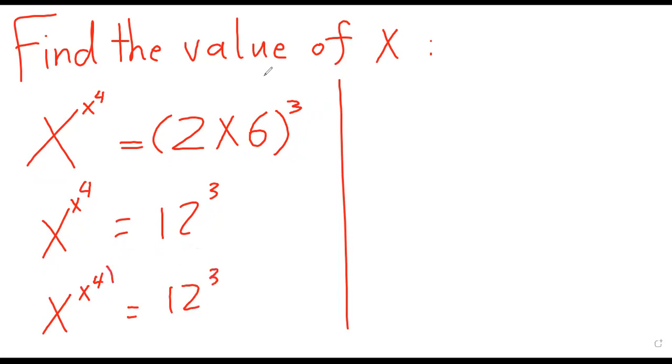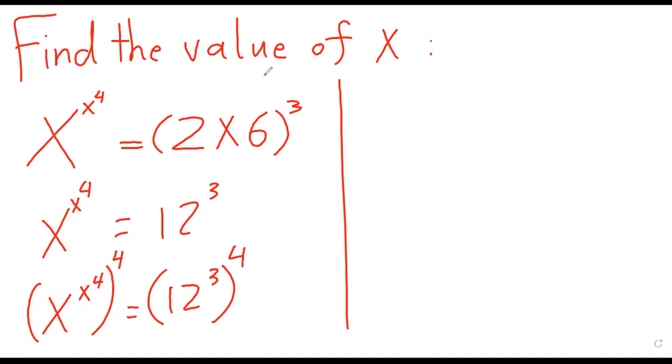I'm going to raise the left side to the power of 4. You remember, I want to make the bases like their exponents. Just remember that. So I took this 4 and I raised all the bases to the power of 4. Now I must do that for the right side too, so I'm going to raise the right side to the same power, which is 4.